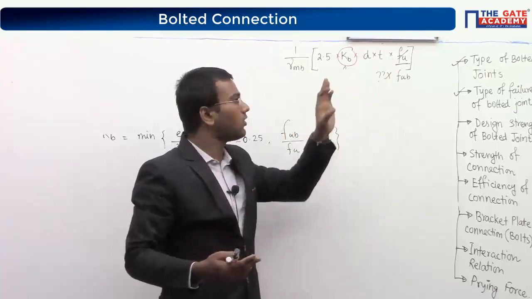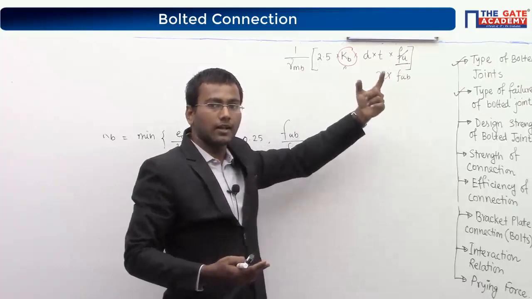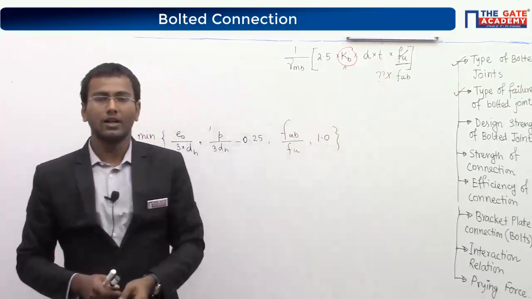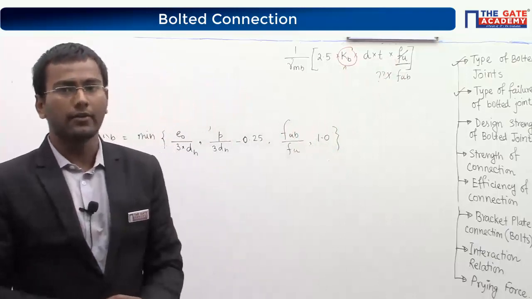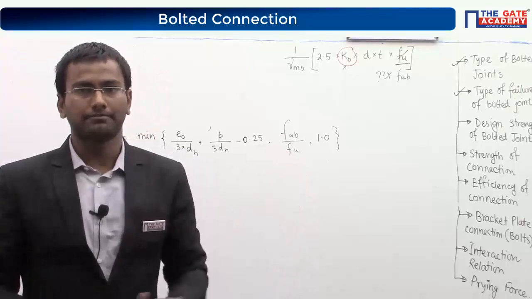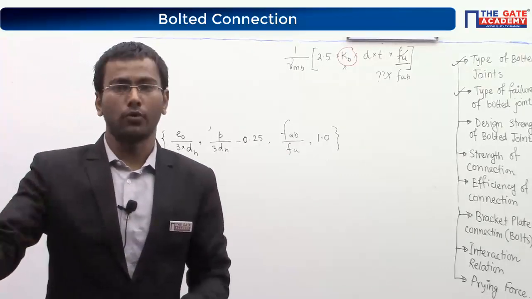It means Fub is nothing but Kb into Fu. So we can say indirectly that Fub equals Kb into Fu. Like the equivalent stress in concrete in the area of steel, the same concept applies here also.